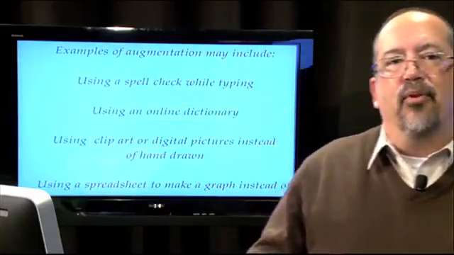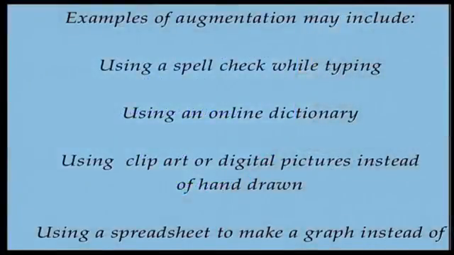Let's look at some examples of what augmentation can do. It might be using a spell checker while typing. This is something that cannot be done while a student's just writing on a pen and paper kind of assignment. Using an online dictionary to define words while they're online. Well, that makes sense. Using clip art or digital pictures instead of hand-drawn pictures.